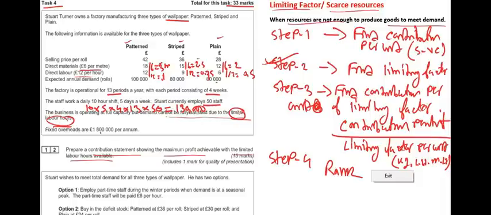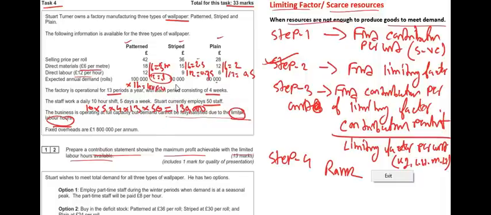And this is limited because we cannot meet our demand. For example, your patterned requires 1 labor hour, so 100,000 is the demand times 1 labor hour, you need 100,000 labor hours.